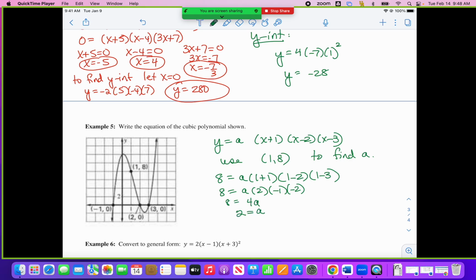So I'm getting A is 2. So then this is going to be y equals 2 times x plus 1 times x minus 2 times x minus 3.